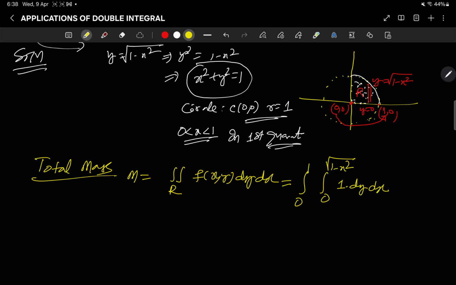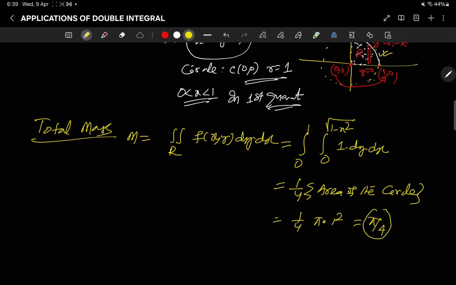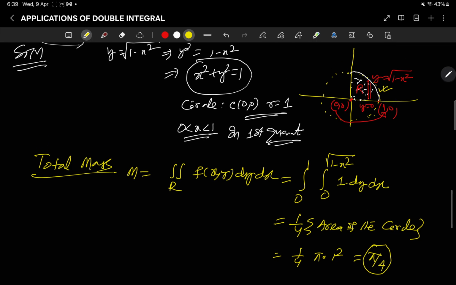So this is nothing but the area of this region. You may integrate it or I may write it: it is 1 by 4th the area of the circle. So this is 1 by 4 pi into 1 square, which is pi by 4. So the total mass here is pi by 4.